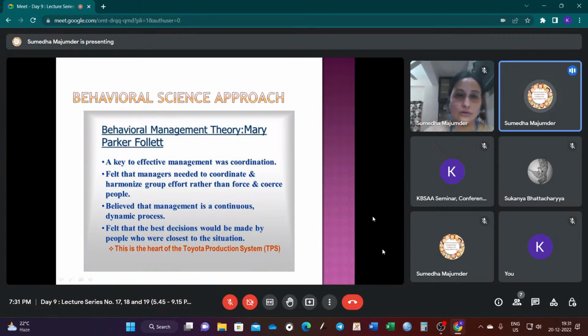তো এবার আমরা একটু পিপিটি ধরে এগোই, সেটা হচ্ছে বিহেভিয়ারাল ম্যানেজমেন্ট থটের ফার্স্ট ফাইন্ডিংস কি বলছে। A key to effective management was coordination. For exam point of view, it is also very important, this function coordination is the essence of management.